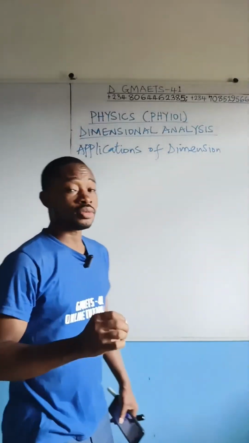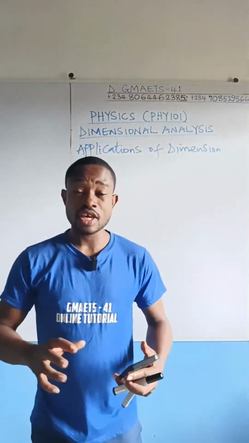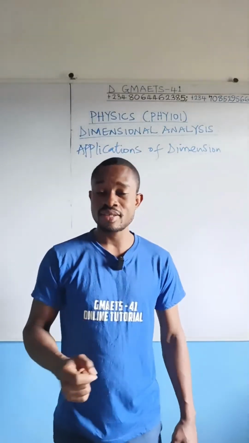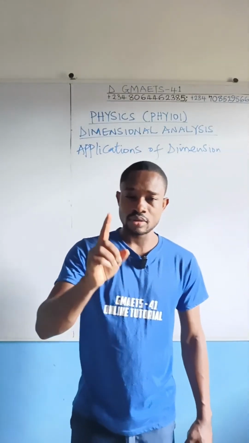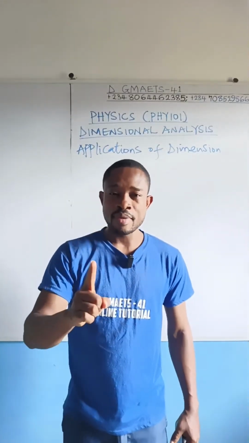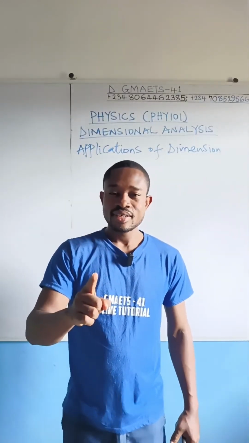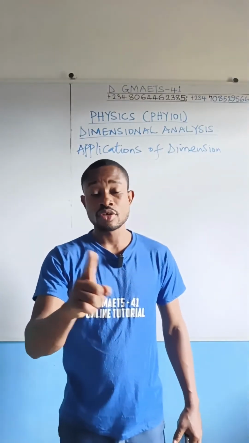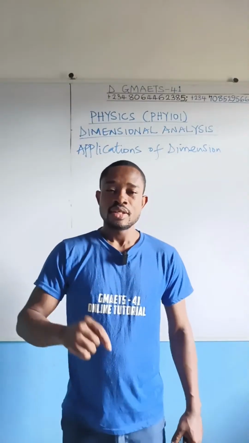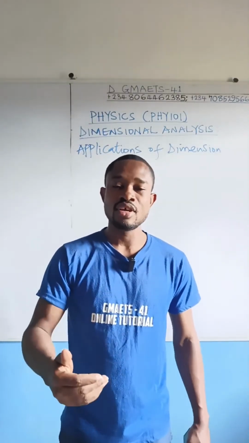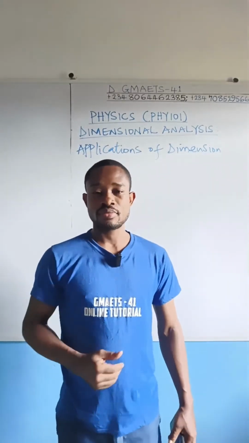Applications of dimension. What are the various applications of dimension? Dimensional analysis. Now you can put them down. One: you use dimension to test the consistency, the accuracy, of an equation or a formula.